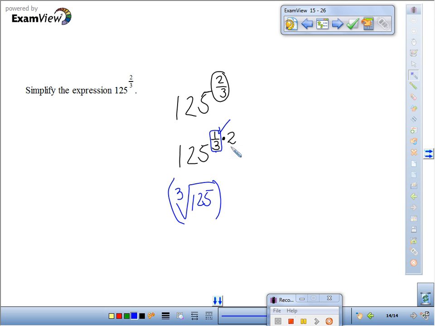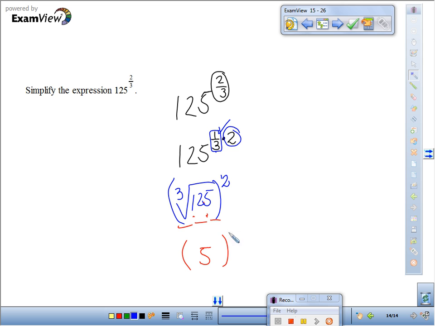And we need to raise that to the 2nd power. So what does that mean? Let's see. What number times itself 3 times gives me the product of 125? 5. 5 times 5 times 5 is 125. So I'm going to write that inside of the parentheses. 5.